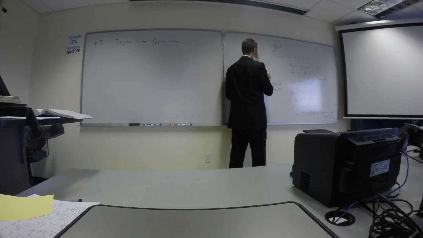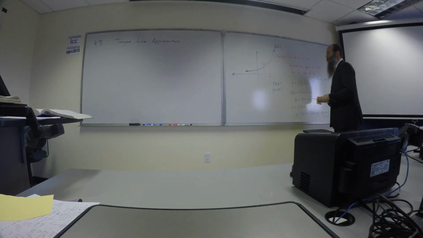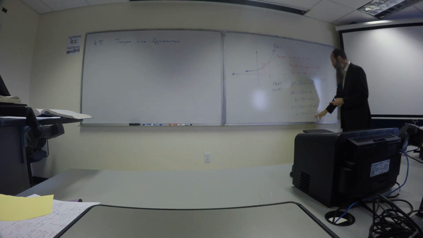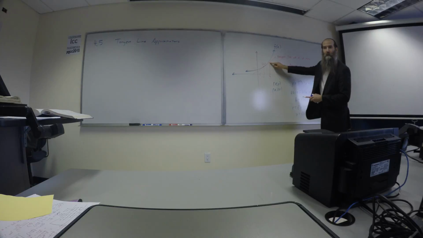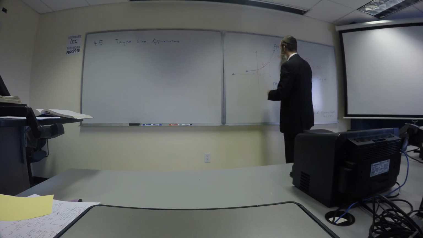That would be the value. So in other words, if you took this x, which is a little bit away from a, and you put it in for x here, then the y that comes out of this expression is going to be that dot on the tangent line. Okay? And it's going to be close, it'll be an approximation to the actual dot on the curve, right?